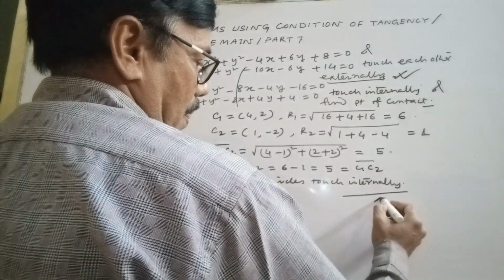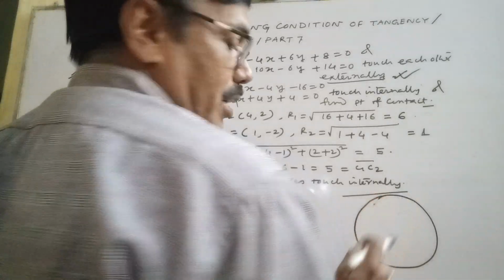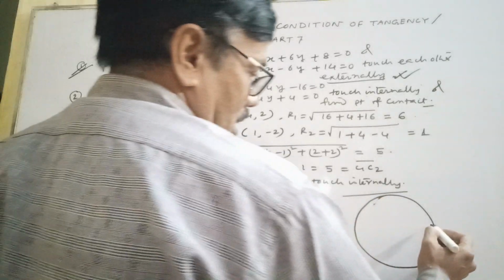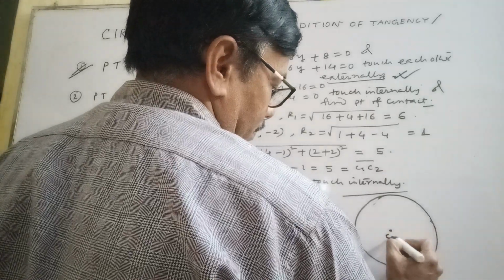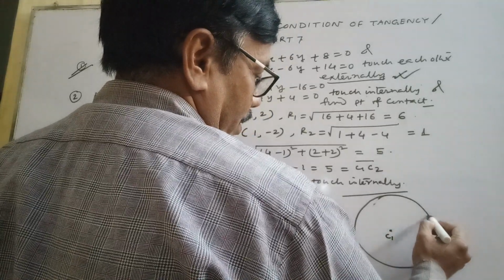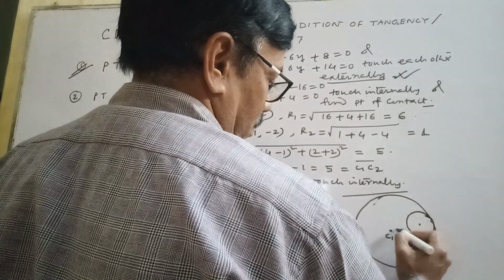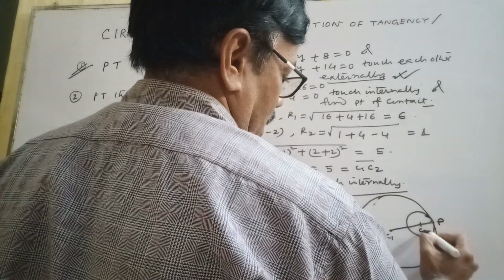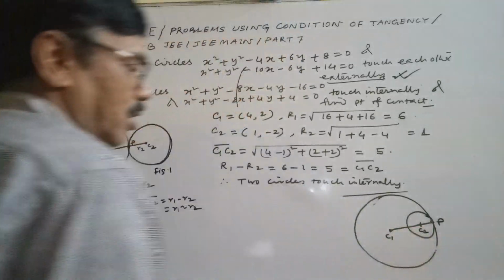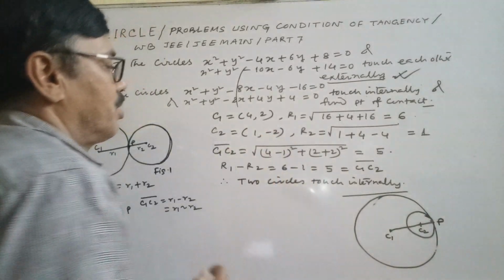Now, look, the figure will be internal. This is C1. This one is C2. And this is P. So look, we know the coordinate of C1.